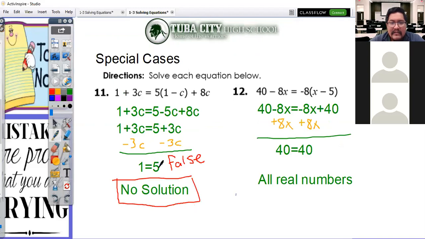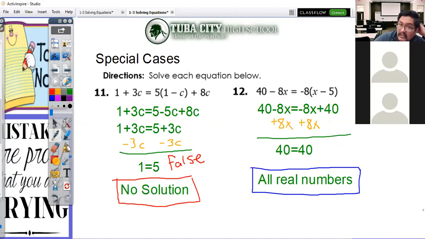Now, in this case here, the solution is all real numbers. Okay, the solution is all real numbers. Anything you put in there is going to work. Remember, if I have x here and I plug in, say, 1, I'm going to get a statement like, in this case, 40 equals 40.